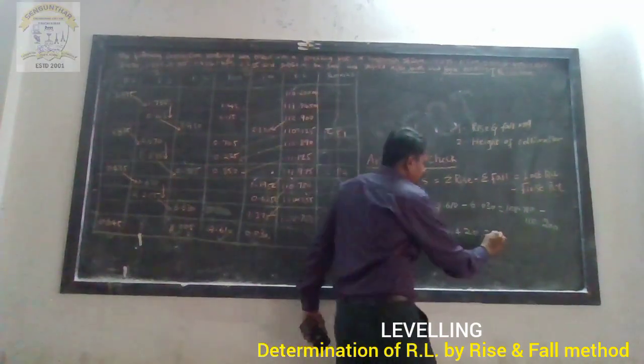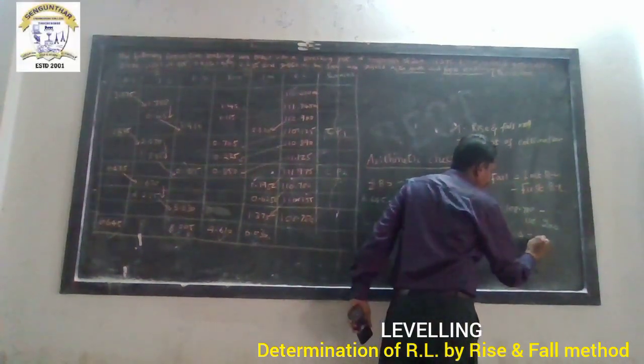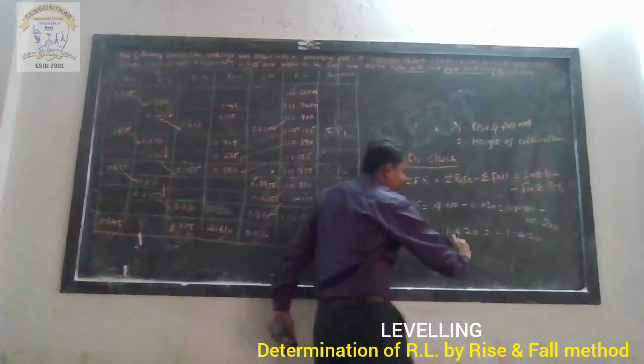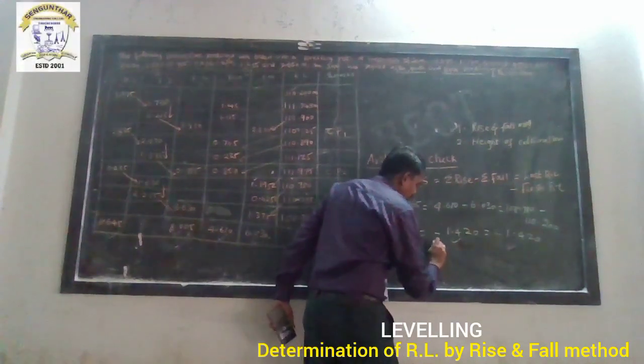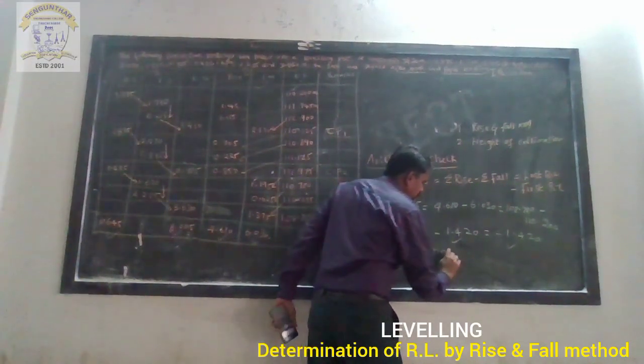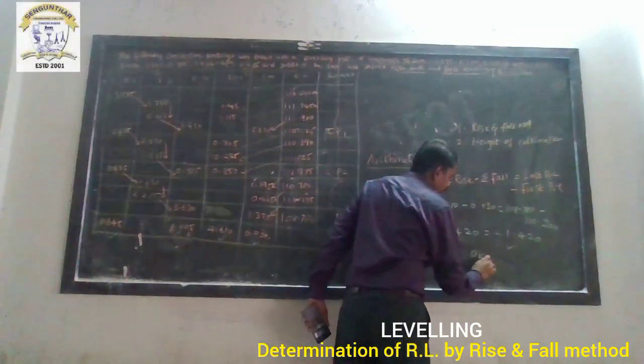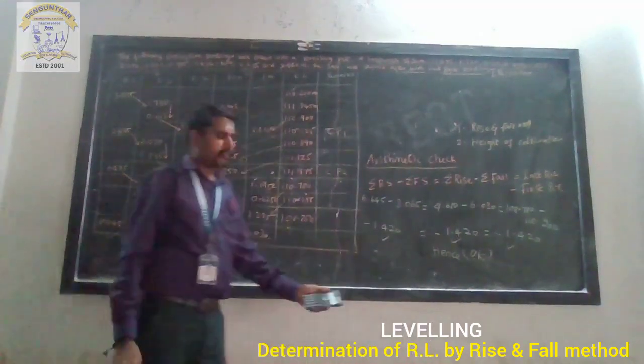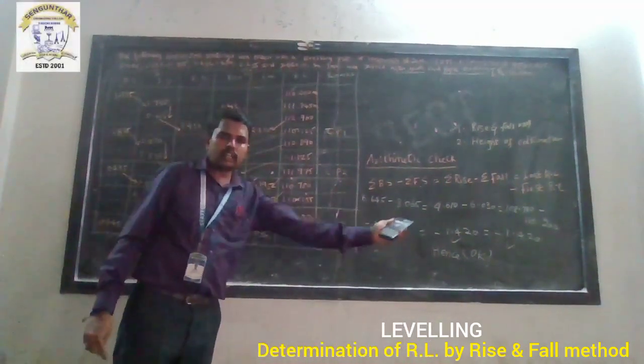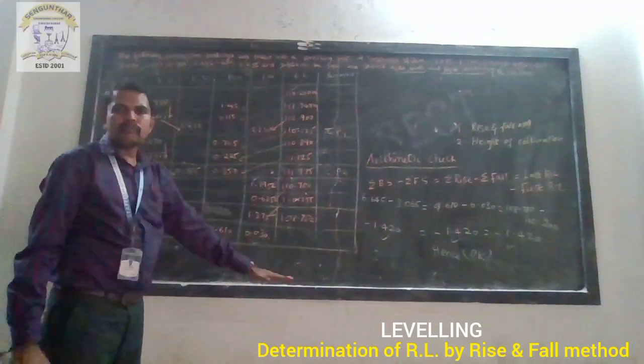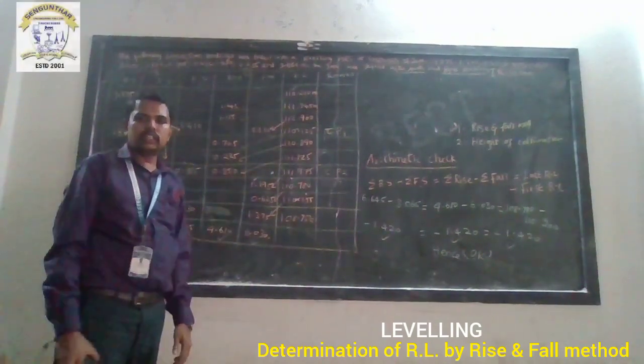The value is also minus 1.420. That means all the values are the same. Hence, the arithmetic check values are all equal. The whole problem is also correct. Okay. Thank you.